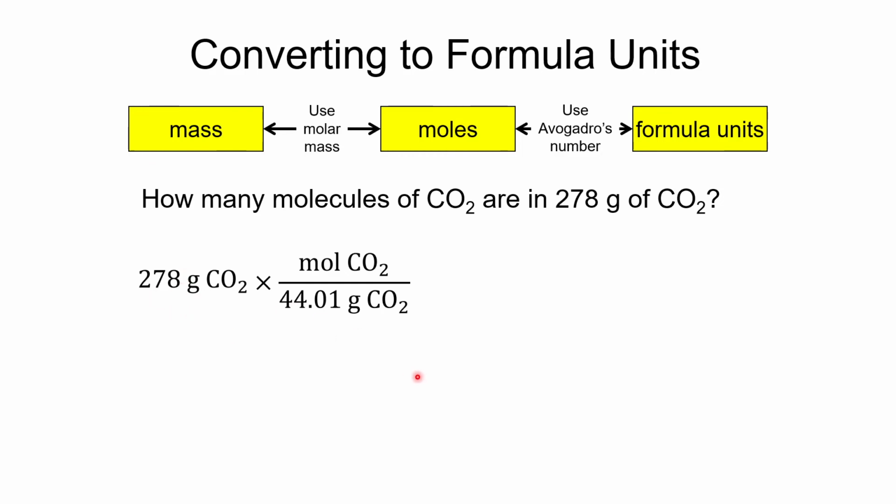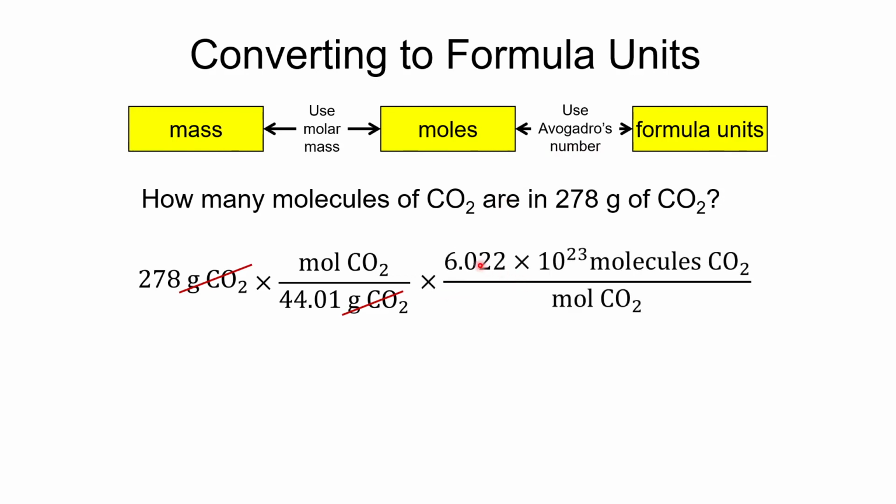So we divide that. Now we have moles. Well, to get from moles to the number of formula units, that's easy enough. We'll just multiply by Avogadro's number, 6.022 times 10 to the 23rd molecules of CO2 per mole of CO2. Again, I'll do the dimensional analysis, and then our number of molecules just comes out when we do the calculation.